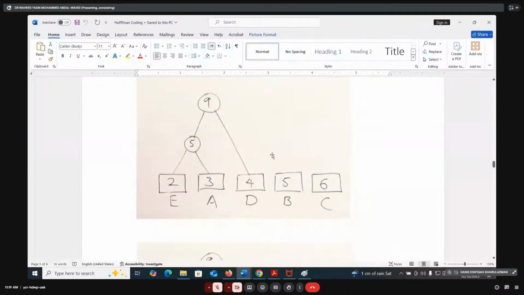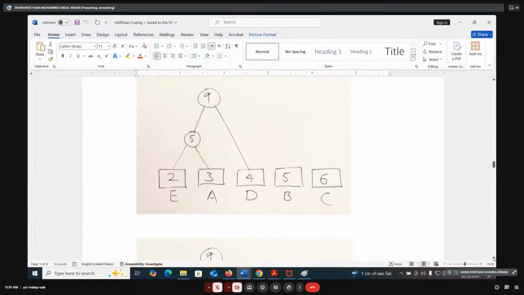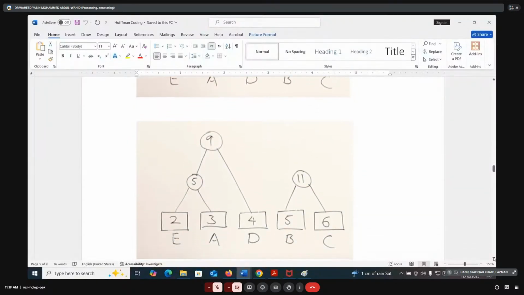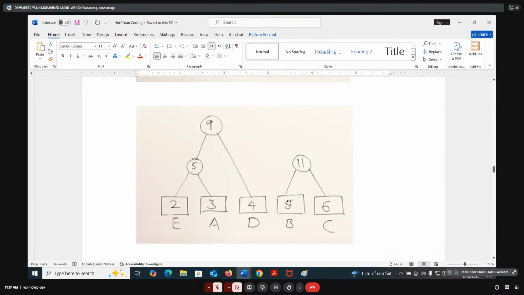So here I can connect this part with this part, which gives me 9, or connect 4 with 5, which also gives me 9. Okay? Now 5 and 6, how much? 11.